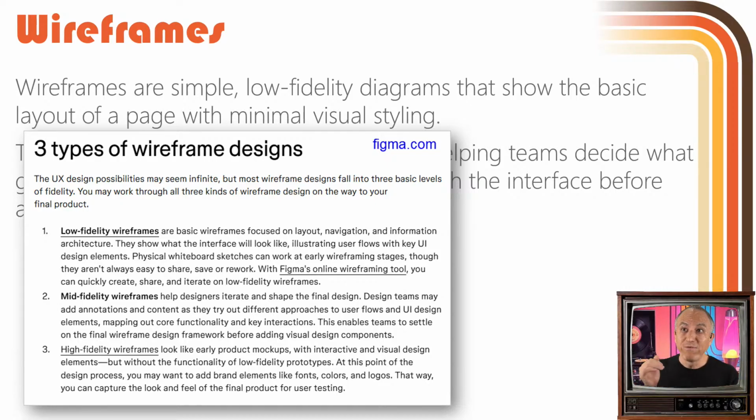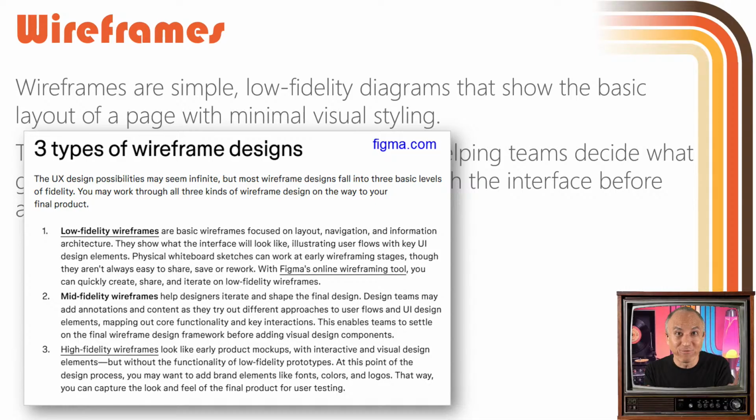They mention mid-fidelity wireframes that help designers iterate and progress with a final design, and then high-fidelity wireframes that look like the product mock-up or your final product once you have a design style, branding, etc. Well, we're kind of lucky in that as AL developers, we're not really having to craft a design from scratch.